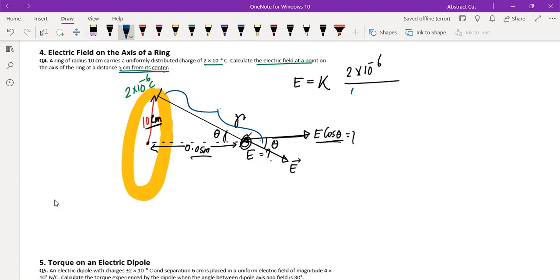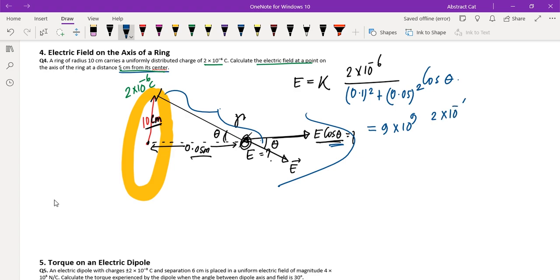So 0.1 meter square plus 0.05 whole square, and these get a root, and root and square will cancel, and the distance is cos theta. And you know the value of k, 9 into 10 to the power 9, 2 into 10 to the power minus 6.